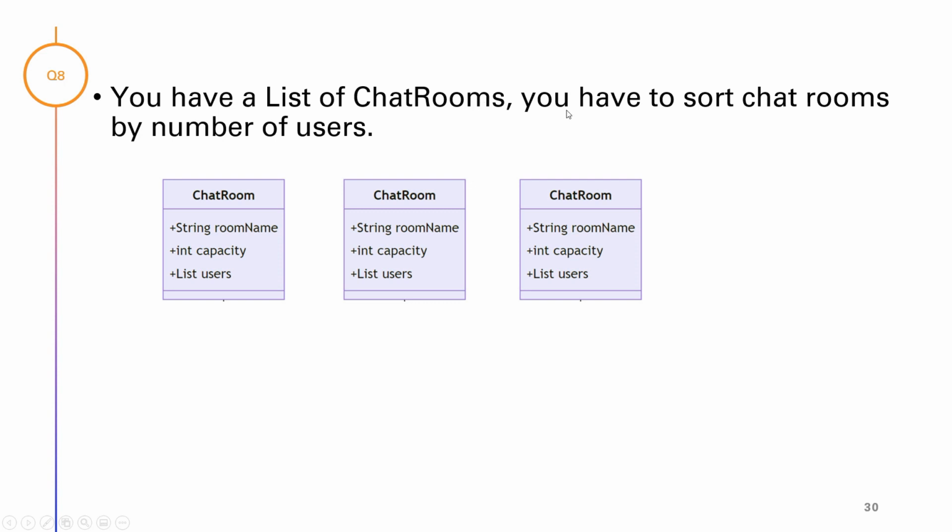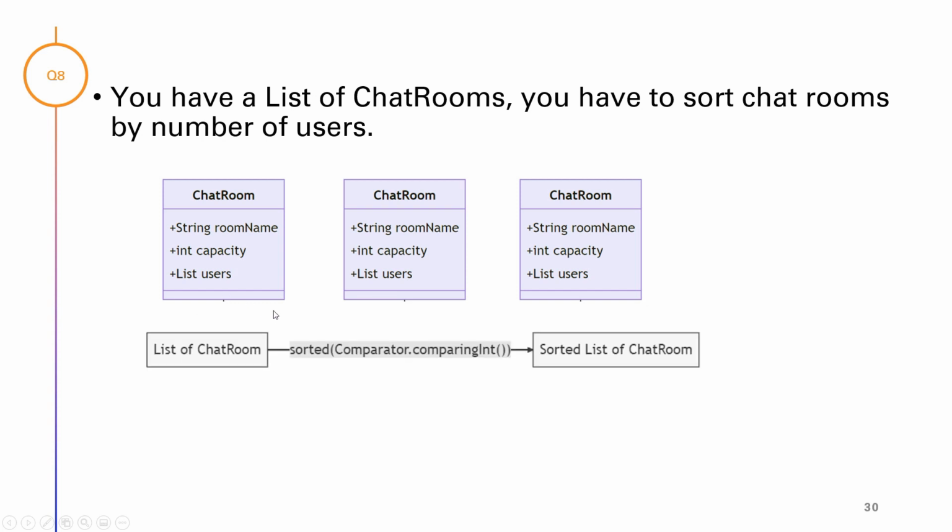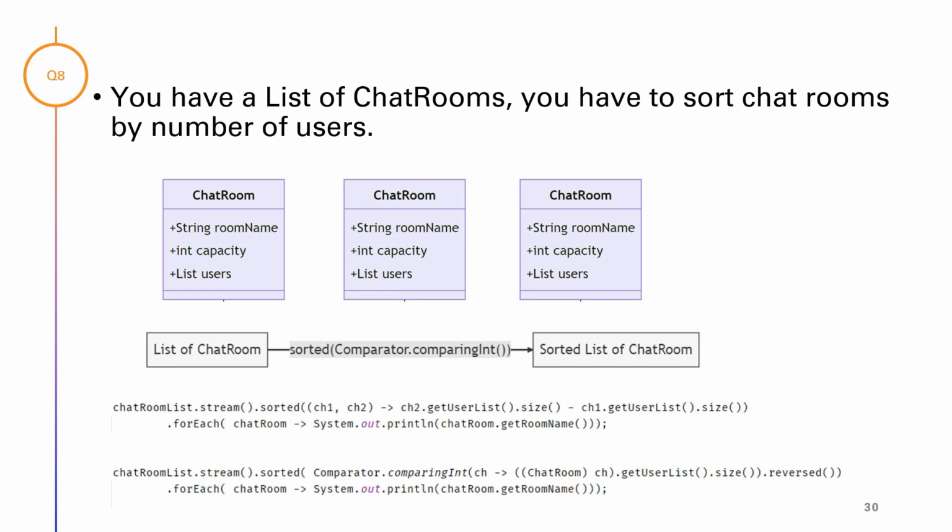Now you have a list of chat rooms and you have to sort chat rooms by number of users, meaning the chat room with the higher number of users should come first. Here I'm using sorted, which by default is ascending order.